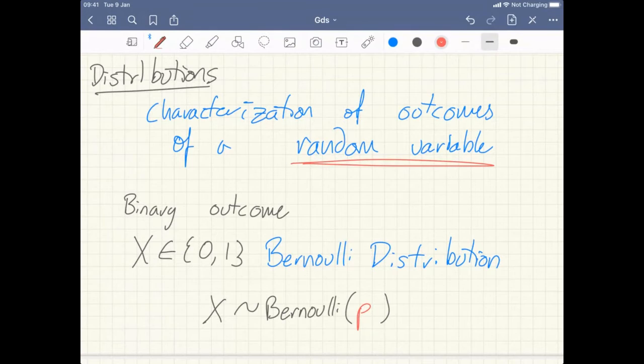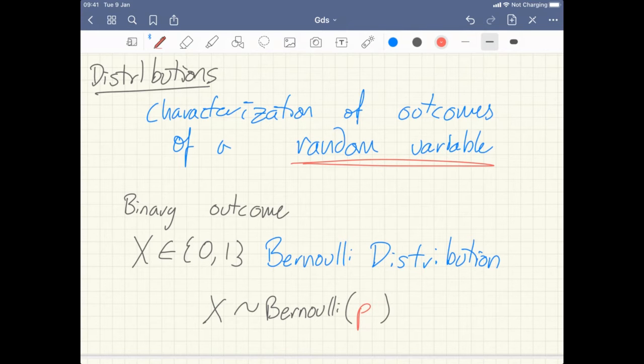So in a Bernoulli distributed random variable, where p is really close to 1, then more often than not, when I observe x, it's going to be 1. However, if my probability of x being 1 is really small, then when I observe x, it's more likely to be 0.